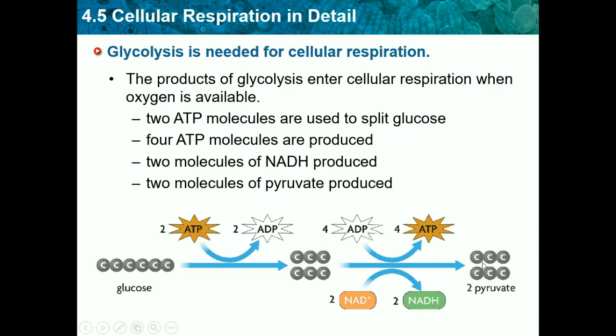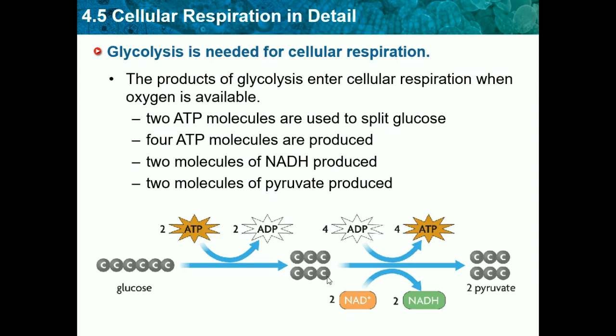When doing this, the energized electrons from the two 3-carbon molecules enter NAD+, which is exactly like NADP+, which was in photosynthesis. In photosynthesis we had NADP+, and then NADP+ turned into NADPH, if you recall.